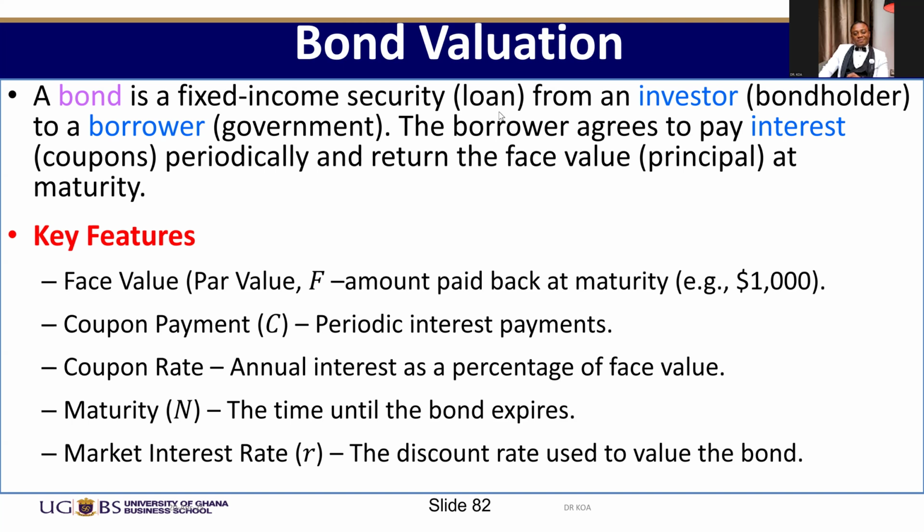So in principle, they pay no interest. The investor will only earn the difference between the purchase price and the face value when it matures. But the bonds will normally pay periodic interest, like coupon payments, sometimes annually, sometimes semi-annually, plus the principal at maturity.